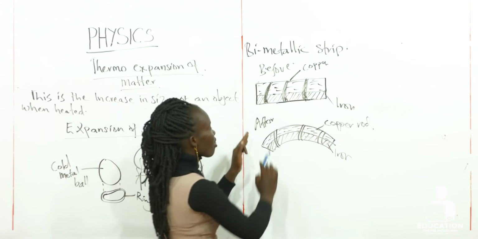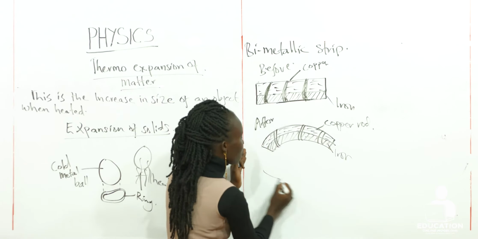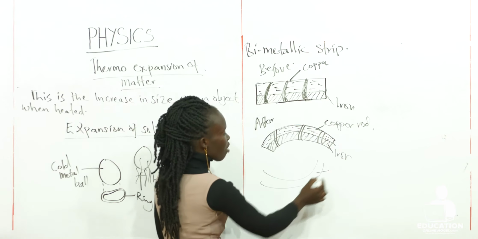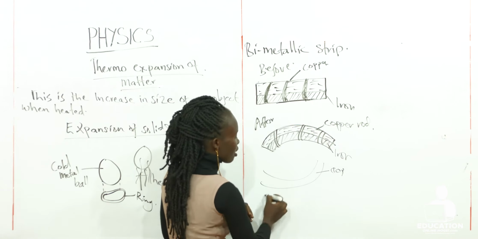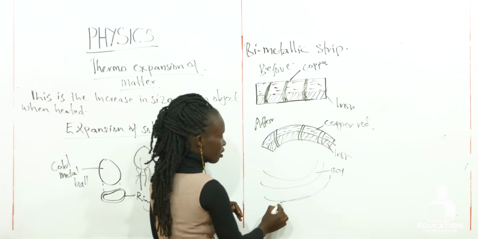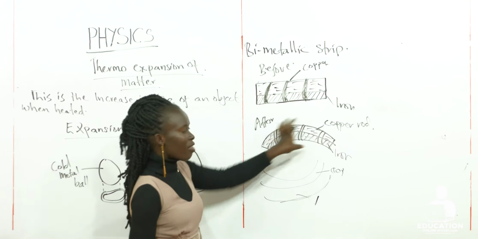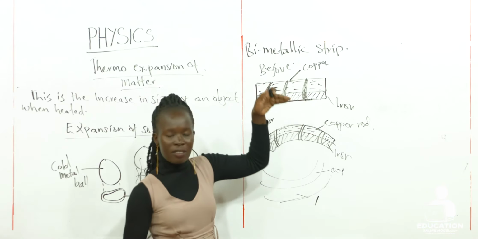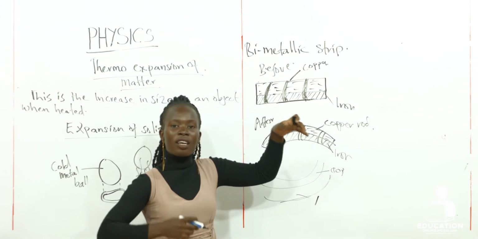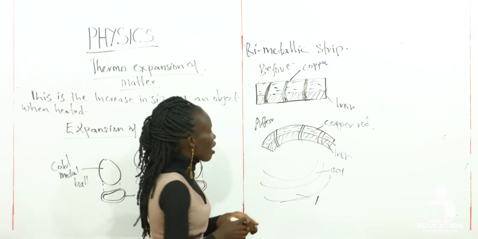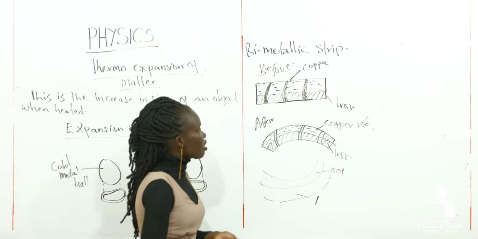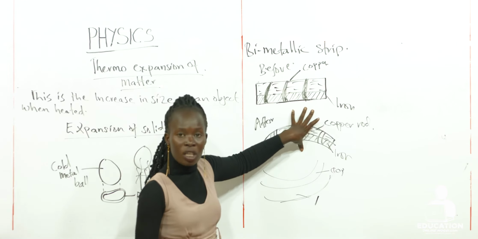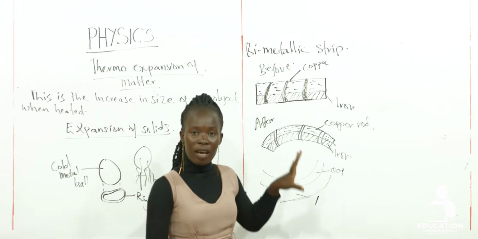That's why you see that we shall have our copper here, and then the one after it will be the iron, you get that curve, meaning that this one expanded faster and increased in its size than the iron. So this is how you can find the rate at which your materials actually expand.